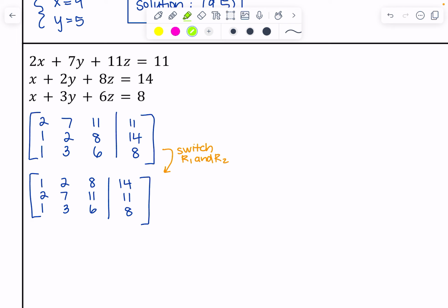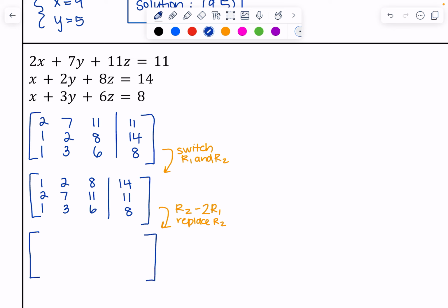Okay, the next thing I want to do is try to get a 0 in this spot right here. So from this matrix to my next matrix, I'm going to be doing row 2 minus 2 row 1, and then I'm going to replace row 2. Okay, so I'm going to do most of this in my calculator, so I'm keeping row 1, and I'm keeping row 3 for this step.